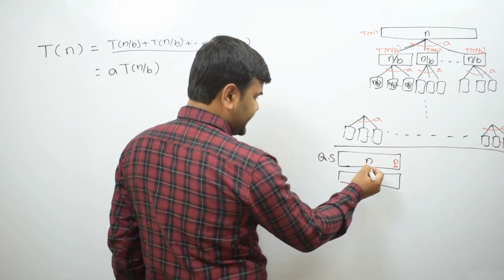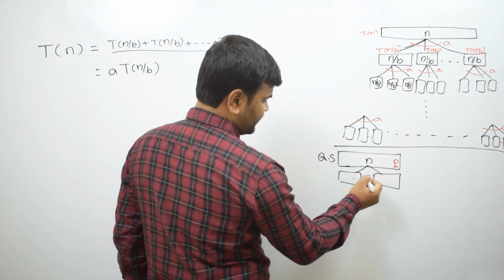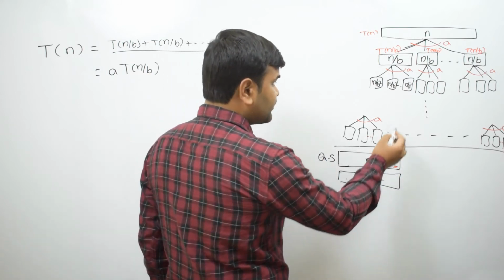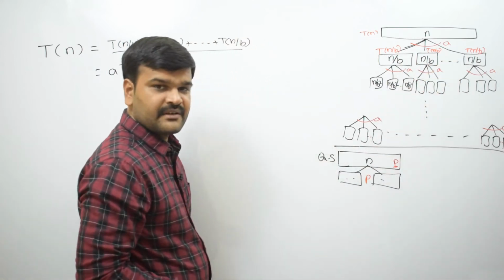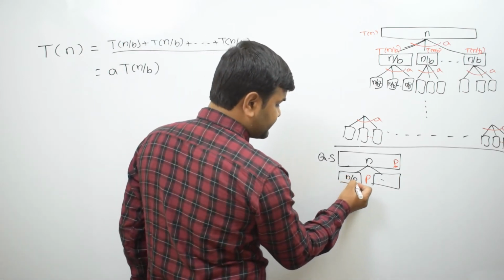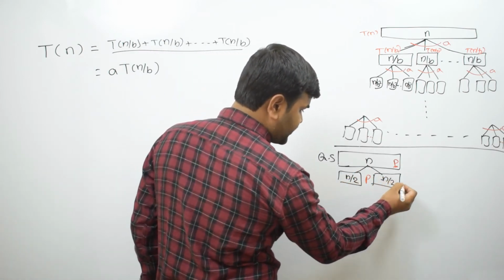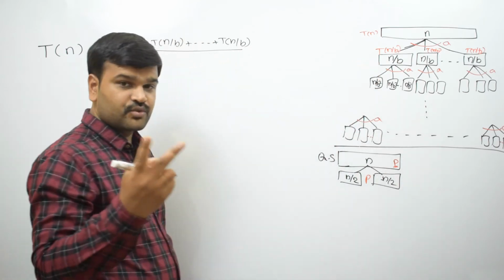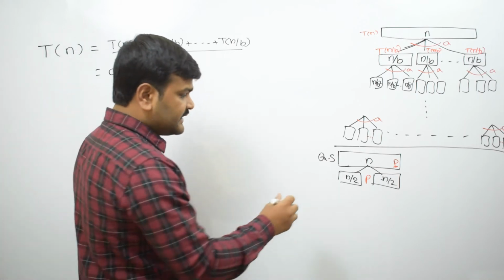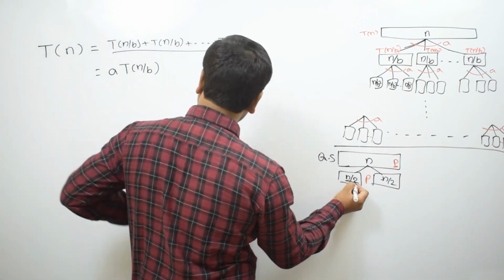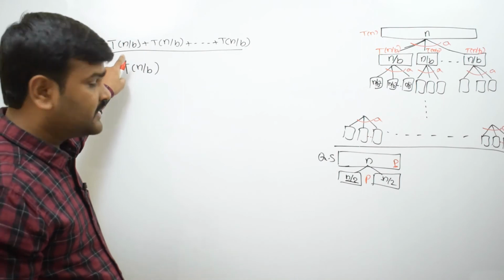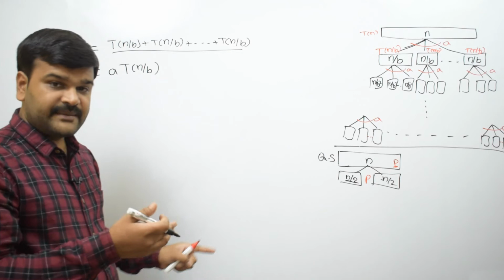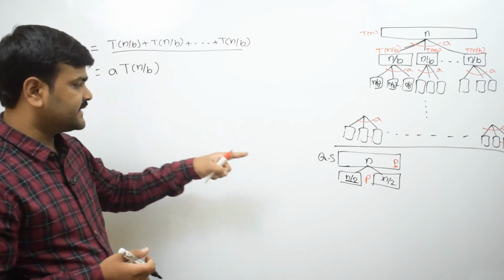So this main problem is divided into 2 subproblems, each solved individually. Assume each size is approximately n by 2. How many subproblems? 2 subproblems, A is 2. So this time complexity is T of n by 2 and that is T of n by 2, so 2 into T of n by 2.